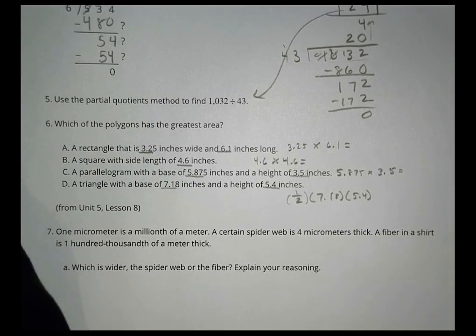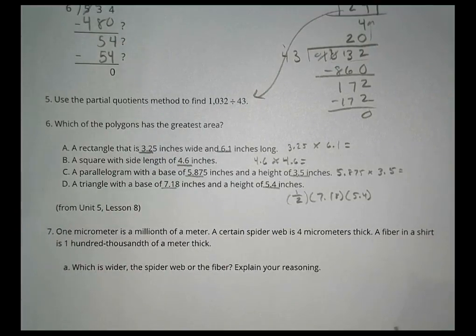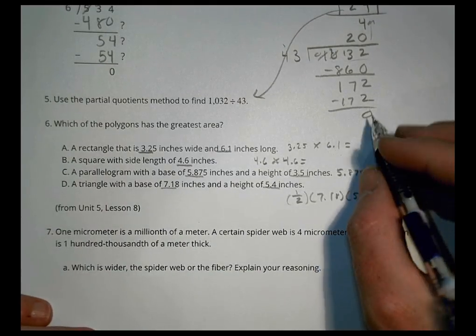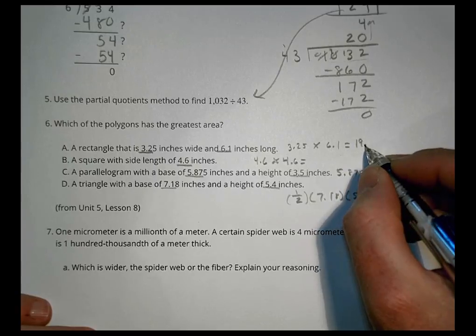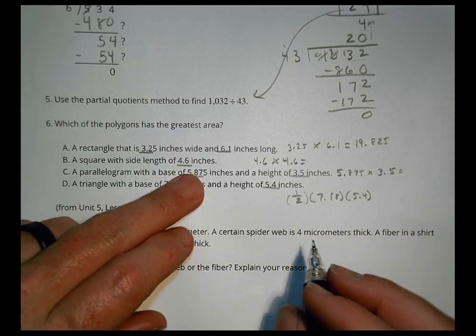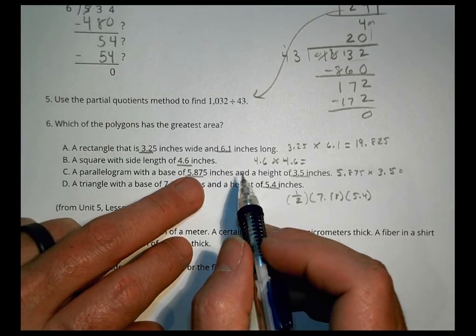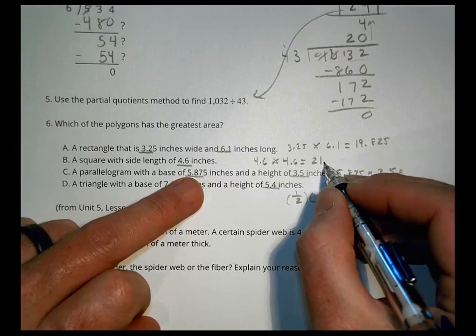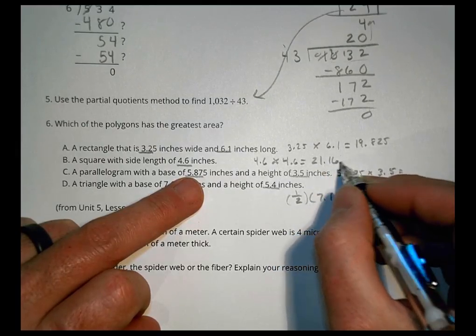Okay, hang on one second. And 4 and 2, 16, 18, 6, 7, 8, 21. Okay, so when you multiply these out, this first one ends up being 19.825. For a square, you do 4.6 times 4.6, and I had to redo that real quick on my notes. I ended up with 21.16.